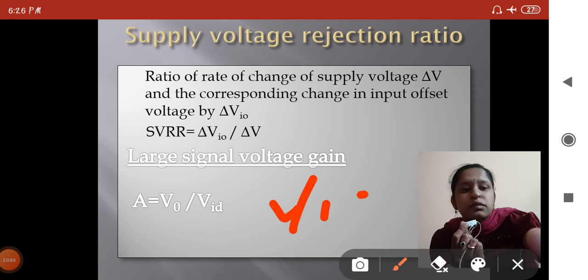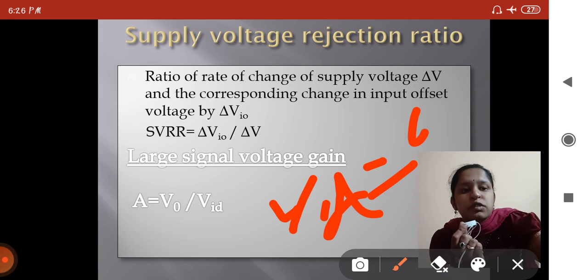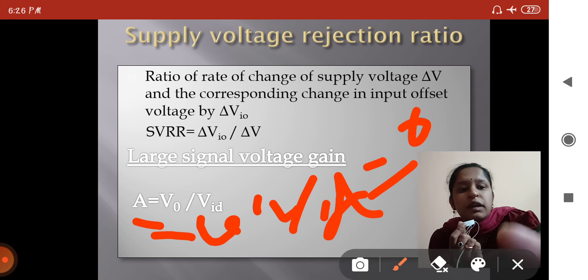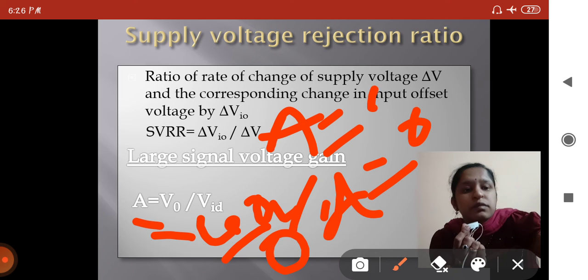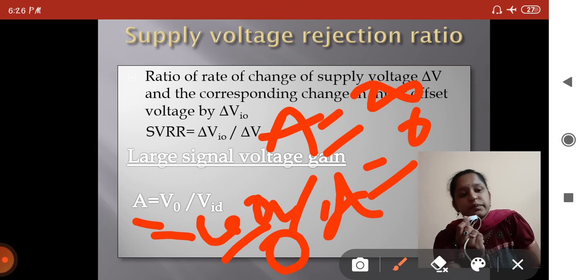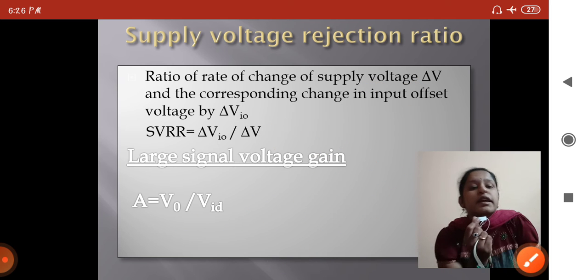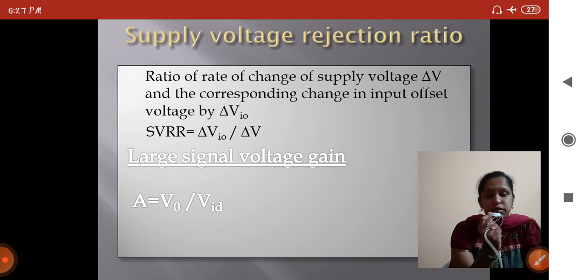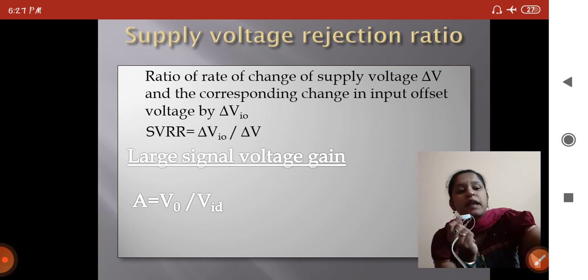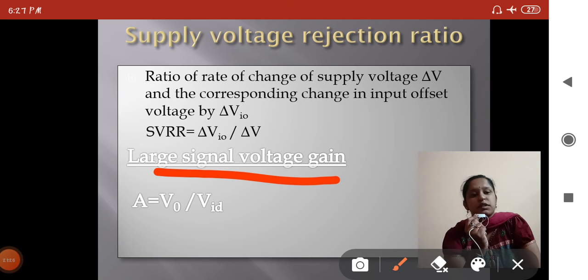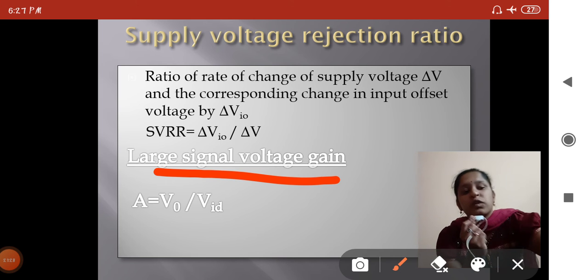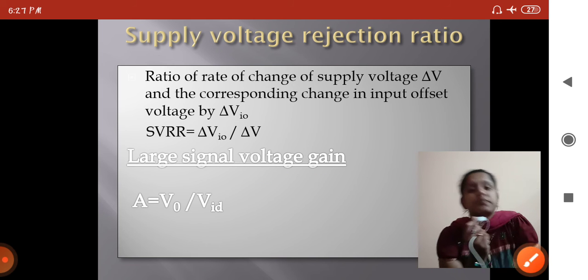VID equals 0. So V naught by 0, how much will you get? Obviously A equals infinity. Infinity is the highest one. That is called the large signal voltage gain. Right? Are you getting my point?